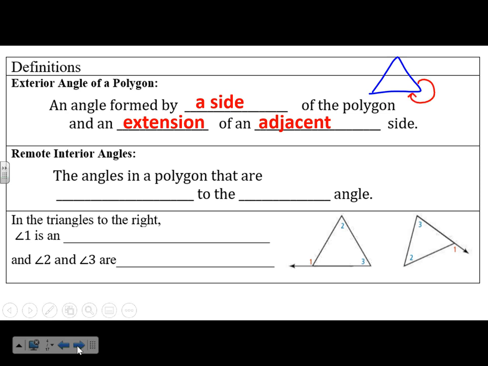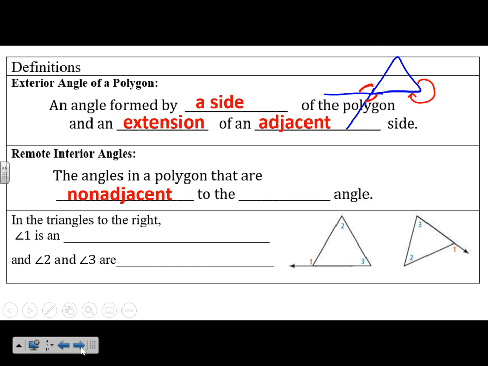The external angle is when we take a side and extend it. So if we extend it, this angle is an exterior angle. And it doesn't matter whether you extend that one or this one, it still makes those two exterior angles. It doesn't matter which side you do or which angle you're using, but you have to make sure you're extending. And the adjacent side is just the side right next to the angle we're talking about.